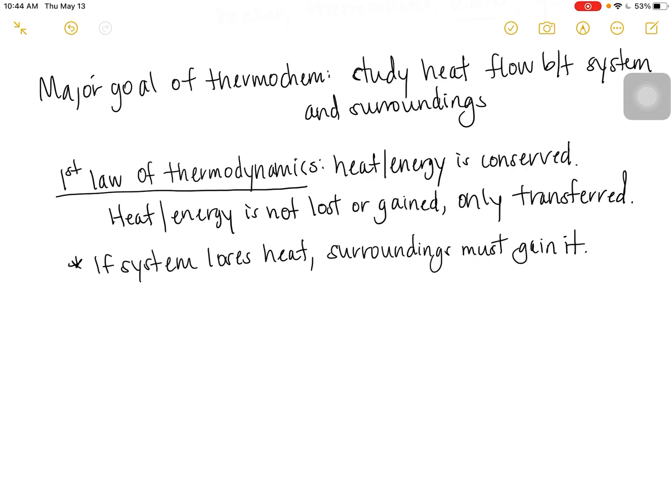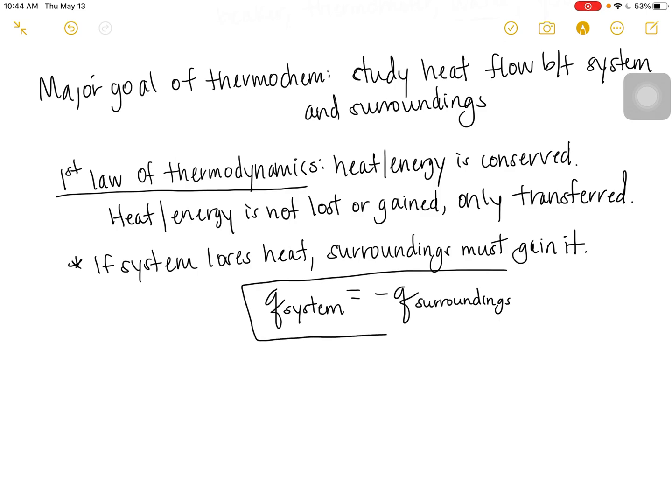That brings up an important thing that I end up writing a lot, which is we just said that heat is represented by the variable Q. And so you'll see me often write that Q of the system is equal to negative Q of the surroundings. Now, heat is not negative. That negative is only indicative of the flow of heat. So is heat leaving or going into something?